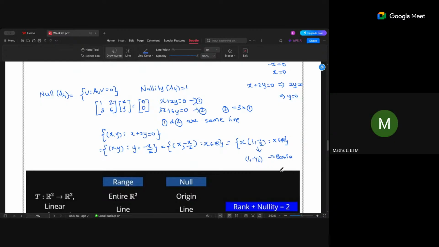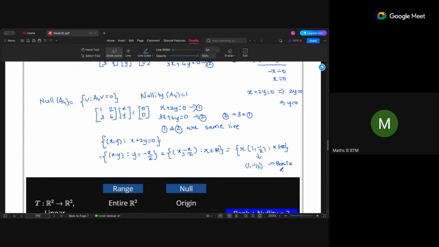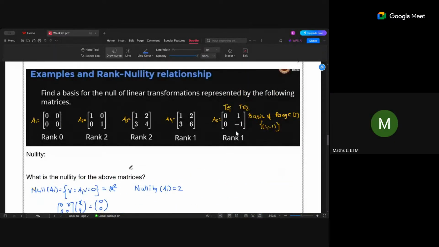Okay, fine. Now what is the observation we are having here? For this case the nullity is 2, this case the nullity is 0, this case the nullity is 0, this case the nullity is 1. So in each case, when you add the rank and nullity, what do you observe?